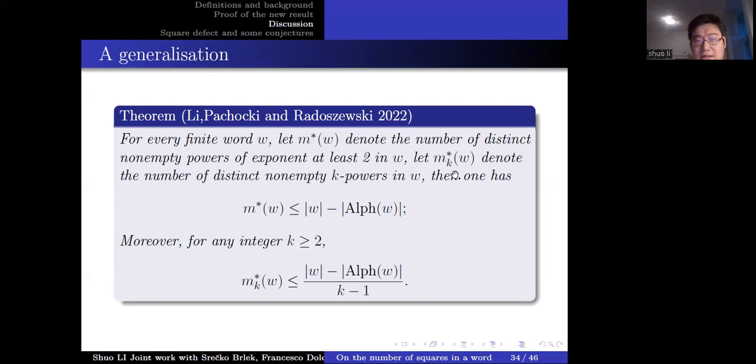Moreover, if we let mk star denote the number of distinct non-empty k powers of W, then the mk star of W should be upper bounded by this value. So this result can be considered as a generalization of our previous result.